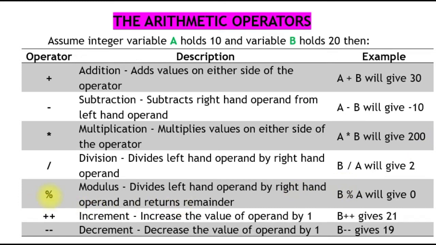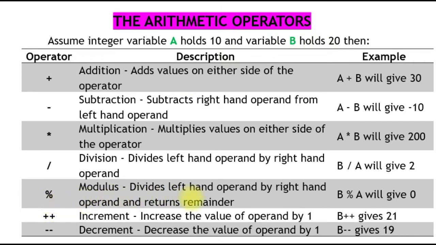So, si modulo, ginagamit yan kapag kukunin natin yung remainder ng 2 operands. Example is, B modulo A will give 0. So, take note, dito sa taas, basahin natin, assume integer variable A holds 10 and variable B holds 20. Meaning daw, yung A is equal to 10, yung B is equal to 20.